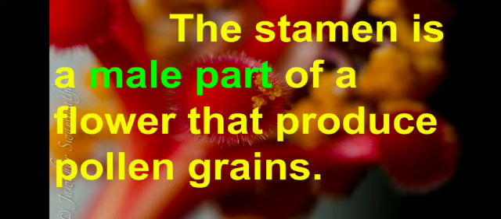The upper red part of this hibiscus flower is called the stamen, a male part of a flower that produces pollen grains. The female part doesn't produce pollen grains, but the male part does.